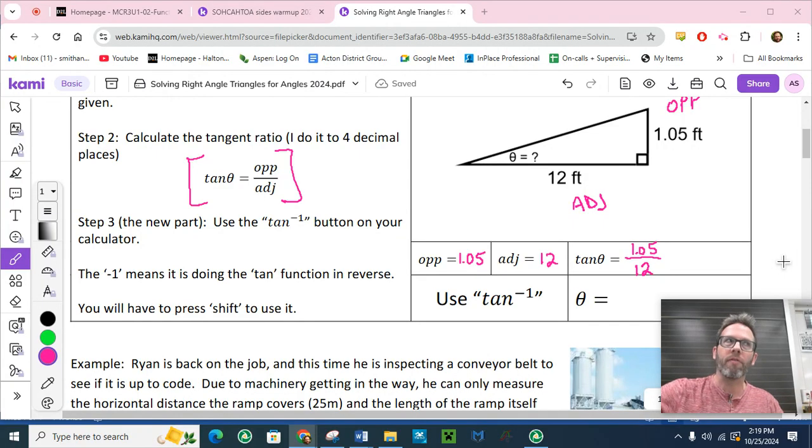This is not one of those situations. How do we solve this one? Well, 1.05 divided by 12 is just a number. Can you find what that decimal number is? Yeah, it's kind of tiny. But can you follow my advice here? This one's exact, but in practice, can you just do 4 decimal places all the time? It'll never fail you.